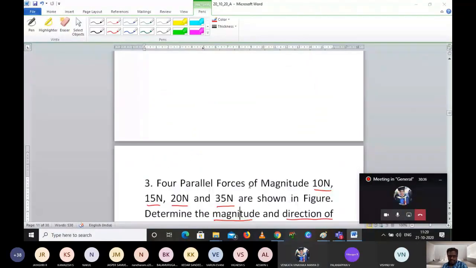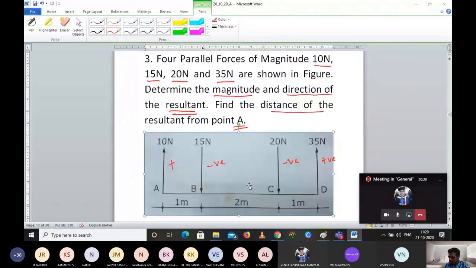After that, we came across one simple problem: four parallel forces of magnitude 10 Newton, 15 Newton, 20 Newton and 35 Newton are acting, and they ask for the magnitude and direction of the resultant. The resultant, I told you, is the sum of the forces acting on a system.